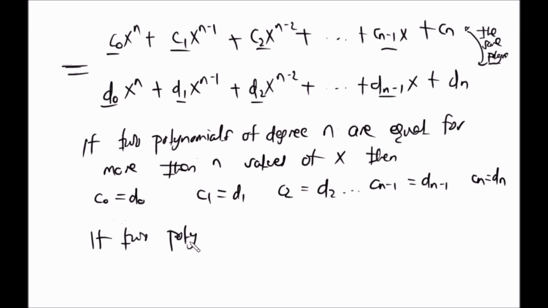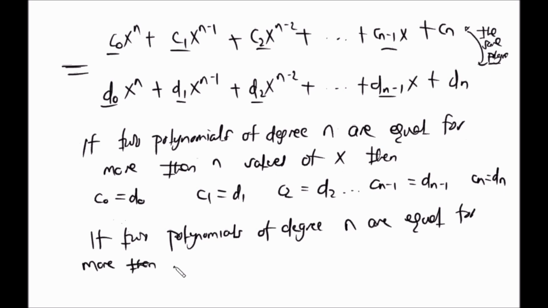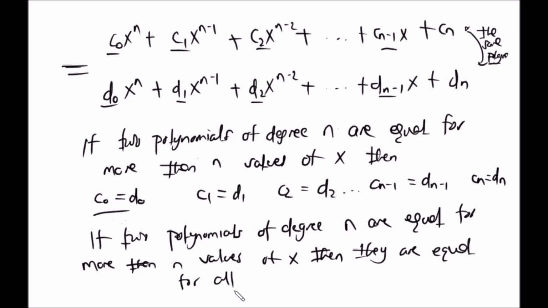If two polynomials of degree n are equal for more than n values of x, then tunaona hapa tumesema coefficient zake zote ni equal, maanake they are the same polynomial, then they are equal for all values of x, kwa sababu kama polynomial ni ile ile, maanake they are equal for all values of x.